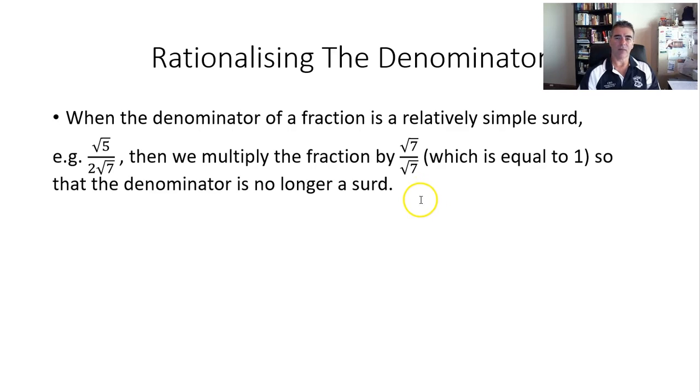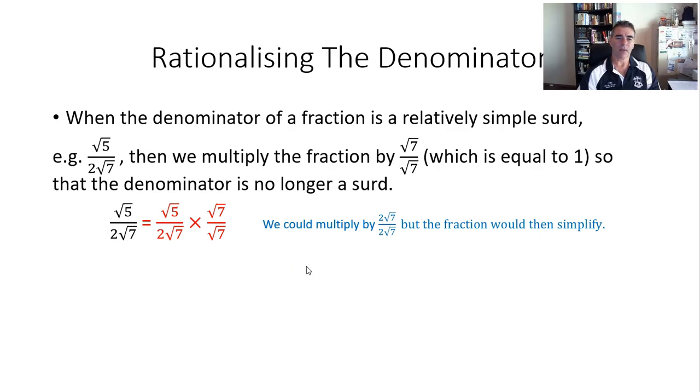But just be careful of this approach, because later on when we look at more complicated denominators, we've got to be careful what we do multiply by. So there's the question. We're going to take that and multiply it by 1, root 7 on root 7. Again, multiply numerators together, and then multiply denominators together.